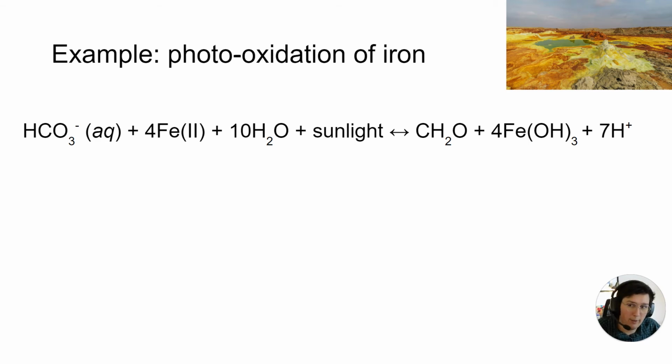But if you've got bicarbonate in solution, which could just be from water being exposed to CO2, so that's carbonation there, and then you've got unoxidized iron and sunlight, that can react to form formaldehyde, which for bacteria can be the starting point for biomass. And then we've got an oxidized iron here, an iron hydroxide, and then some acid.